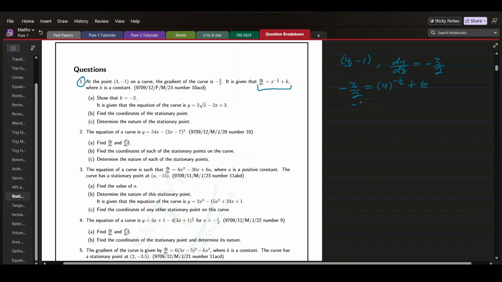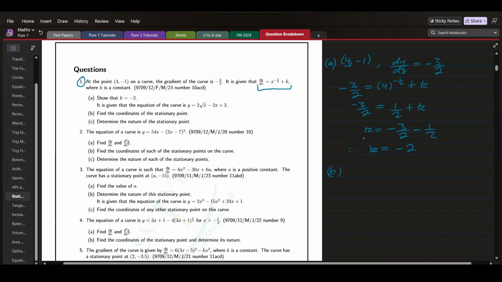So -3/2 is equal to, that's 4 to the power -1/2, and that gives us 1/2 + k. So that means k is equal to -3/2 - 1/2. So k is in fact equal to -2. So that's part A.